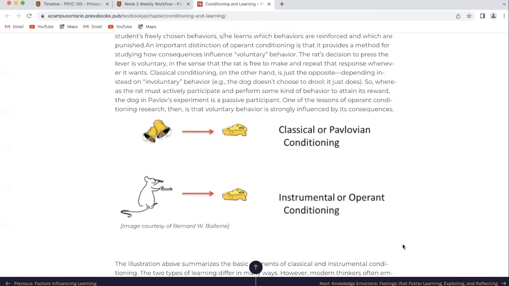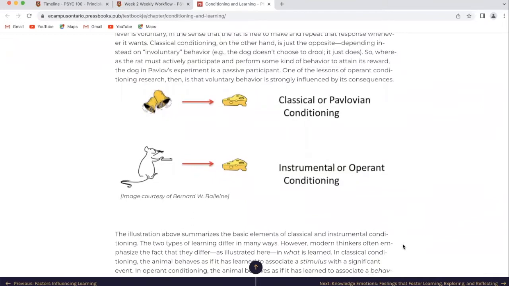For example, the dog doesn't choose to drool, it just does. So, whereas the rat must actively participate and perform some kind of behavior to attain its reward, the dog in Pavlov's experiments is a passive participant. One of the lessons of operant conditioning research, then, is that voluntary behavior is strongly influenced by its consequences.